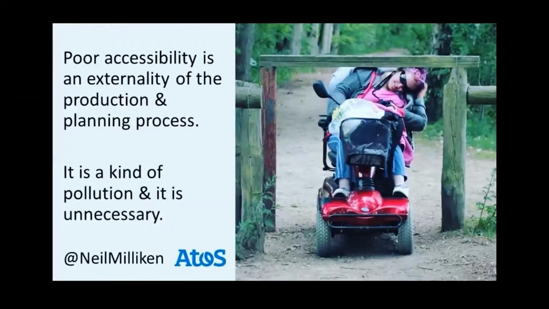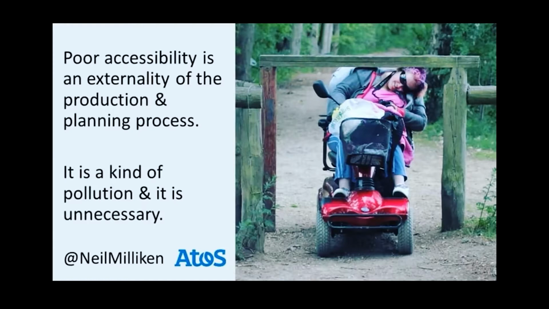So I loved this quote from Neil Milliken, who is one of the speakers at A11Y Toronto last year. His quote, which I have on the screen here, says, "Poor accessibility is an externality of the production and planning process. It's a kind of pollution and it's unnecessary."